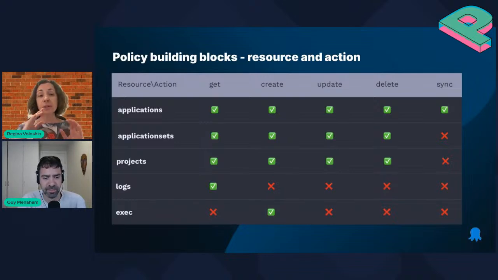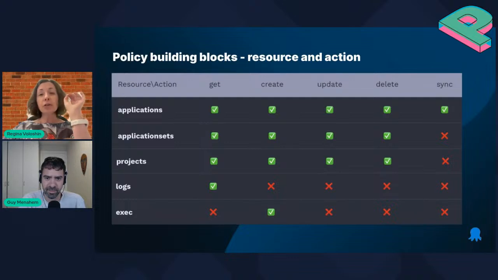Let's examine the resources and the actions. For resources in ArgoCD, we have applications, application sets, projects, logs, and exec. It's important to understand that projects are also resources by themselves. Applications are sub-resources of projects.